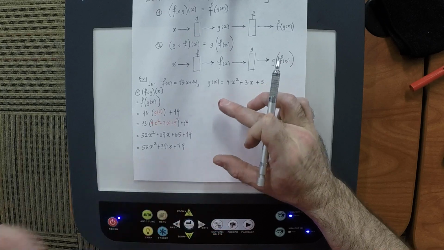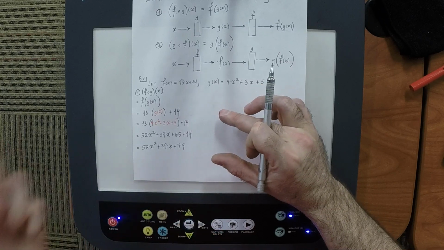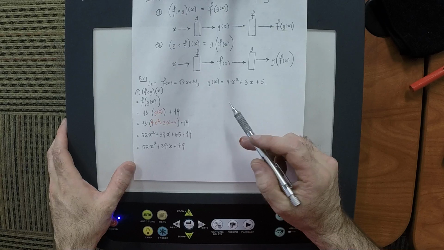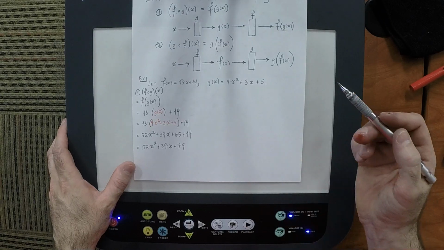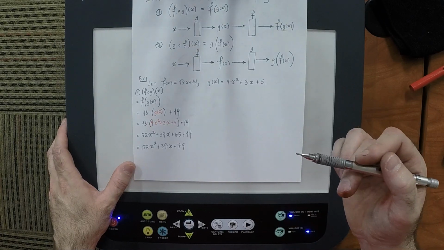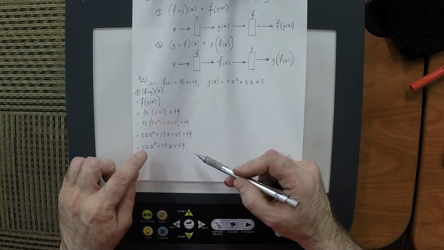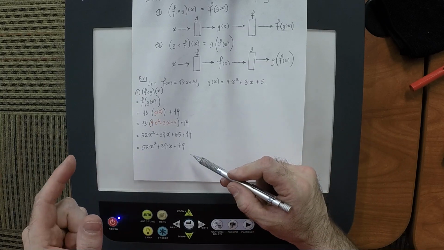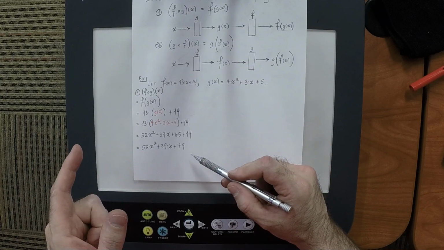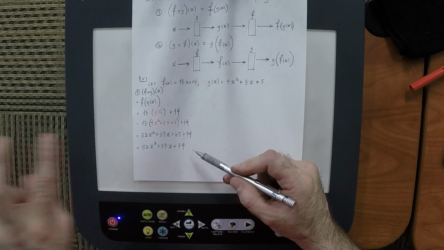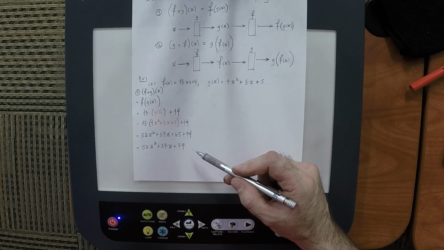Now, if composition commuted, then we should expect that g composed with f evaluated at x should be exactly this. But it doesn't. That doesn't mean that if you do the composition in the other order, you'll never get the same thing. That's not true.